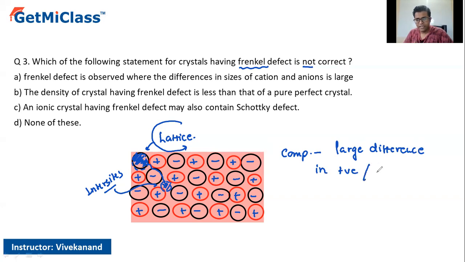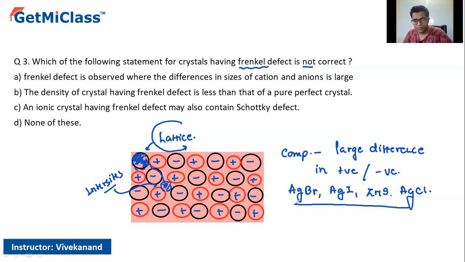For example, AgBr, AgI, ZnS, and we can have AgCl also. So these are the systems which will show this defect.